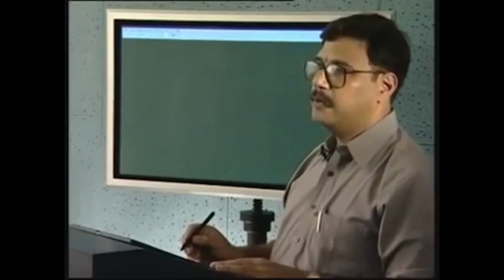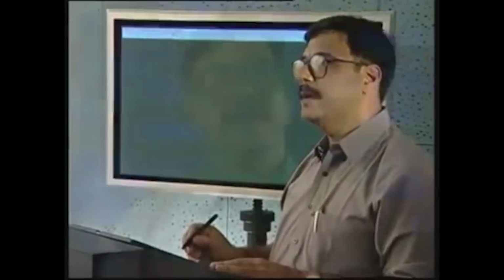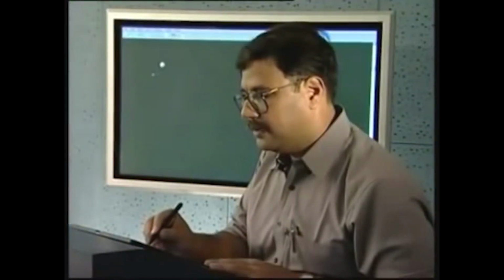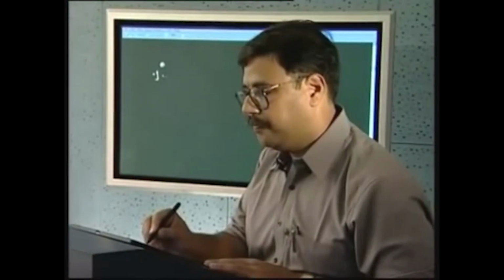Another problem, where I am going to now combine the principle of momentum conservation and the principle of energy conservation, is going to be solved now. Let us take a particle of mass, say 0.1 kilogram, traveling in this direction with a speed of 1 meter per second.